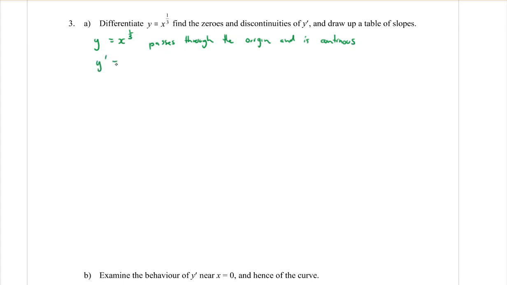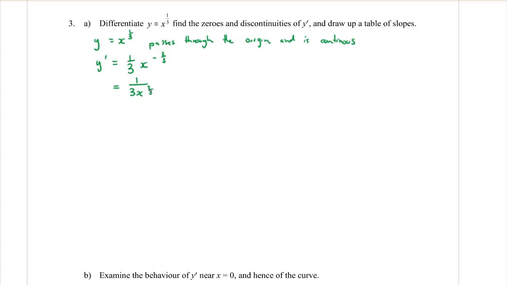So y dash, differentiating fractional powers, still bring the fraction power to the front, a third x, subtract 1 from the power would make negative 2 over 3. Now we like to put our negative powers back on the bottom, so that would be 1 over 3x to the positive 2 over 3.